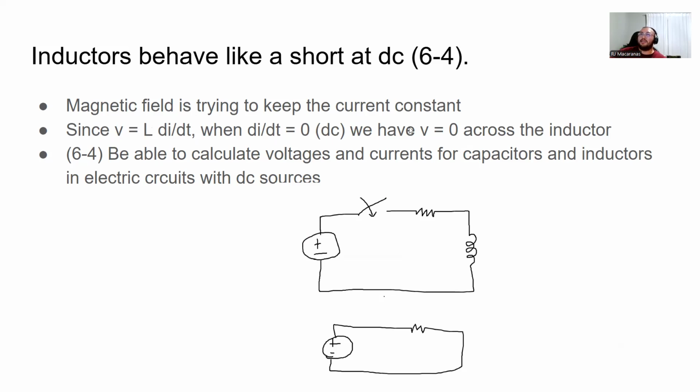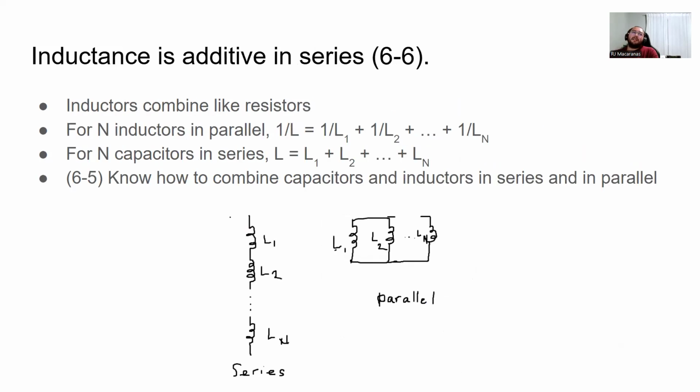So di/dt is 0, and by this inductor equation, when di/dt is 0, the voltage is also 0. Since the voltage is 0, we've created a short, right? There's no voltage drop across a short. Again, this becomes very useful when you're analyzing DC circuits, which comes up a lot.